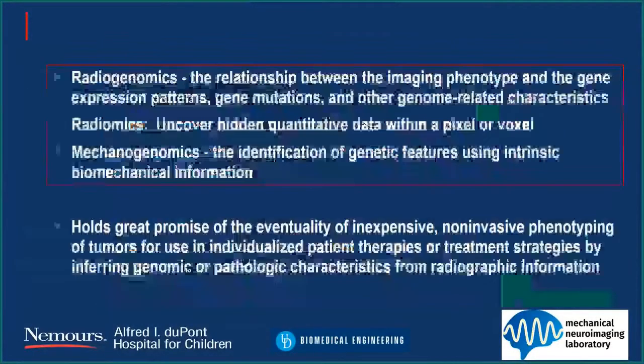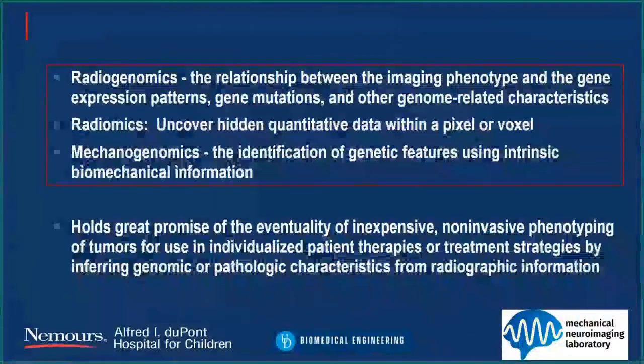So I'm just going to introduce a few of the favorite terms of all imagers in the world currently. The first one is radiogenomics, which essentially means finding out the relationship between imaging phenotypes and expression of gene mutations. A basic example of radiogenomics is medulloblastoma. We can ascertain the underlying molecular subtype of medulloblastoma depending on the location.